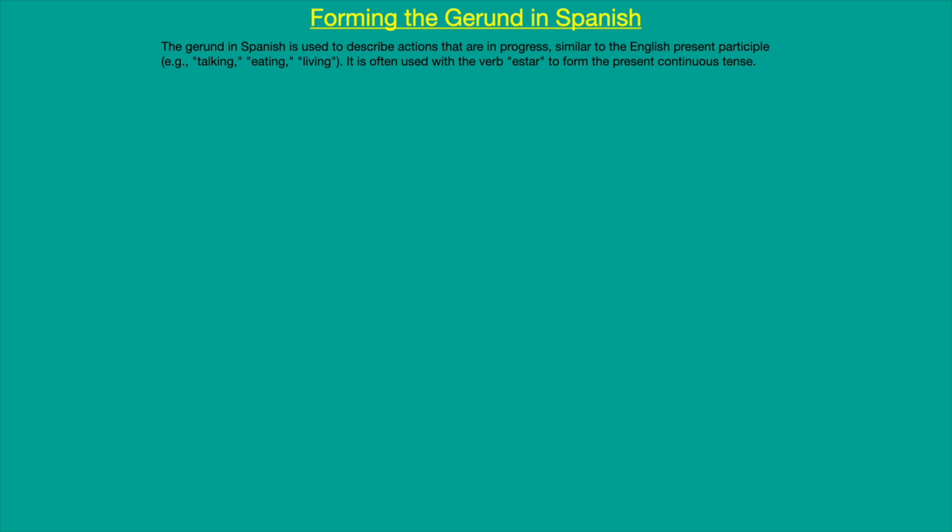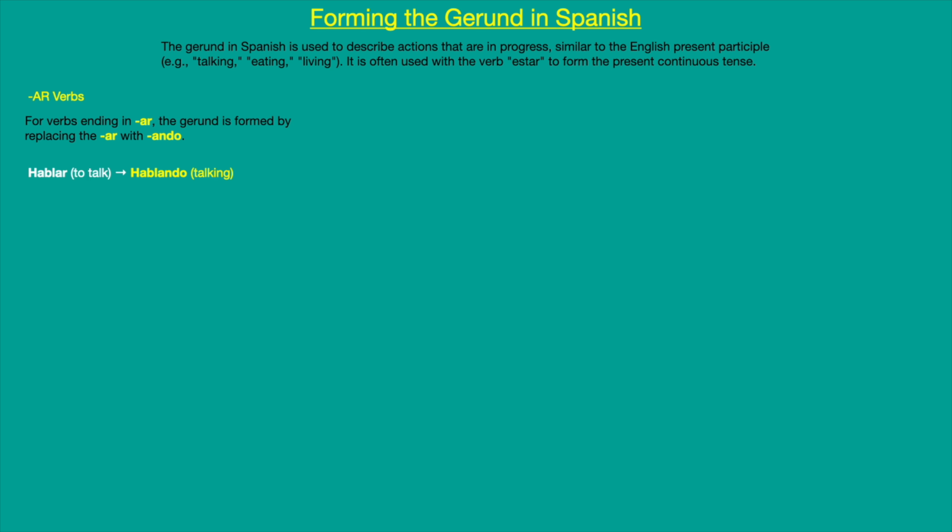Remember from our last class that we were using the endings for the regular verbs ending in AR, ER, and IR. For all the verbs that end in AR, we are going to replace the ending AR with ando, and that is how we form the gerund in Spanish.